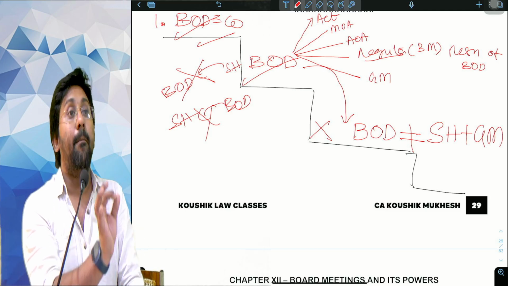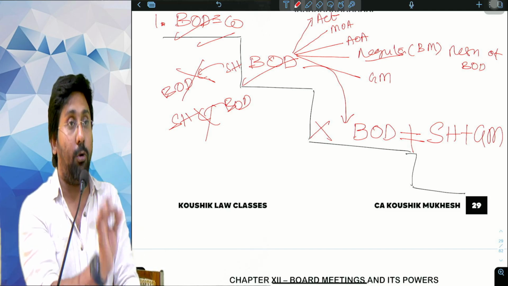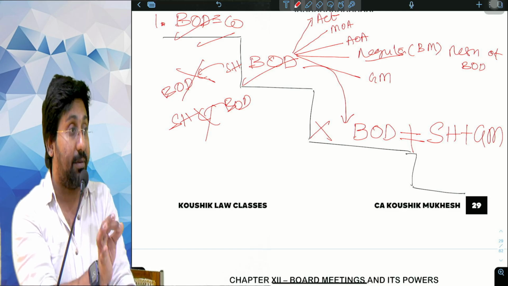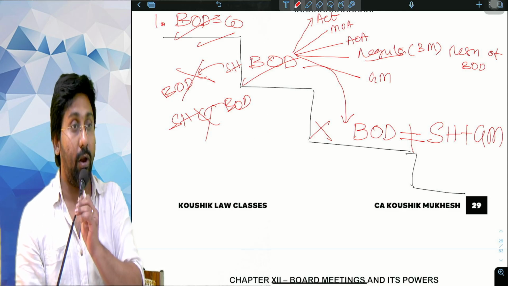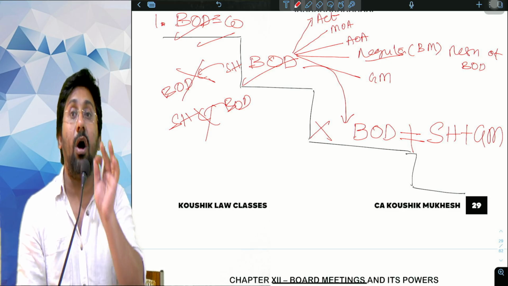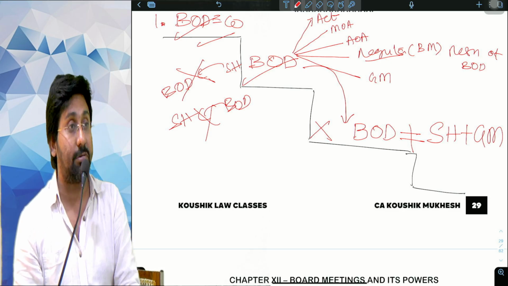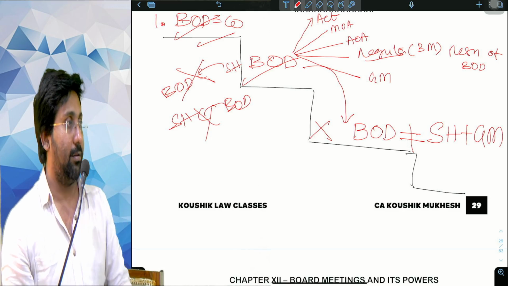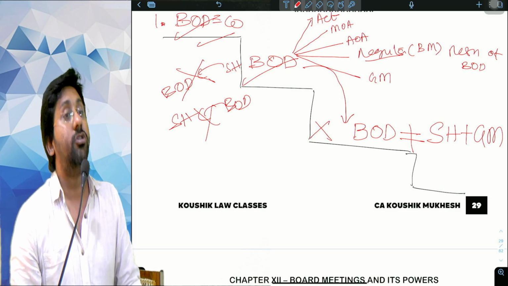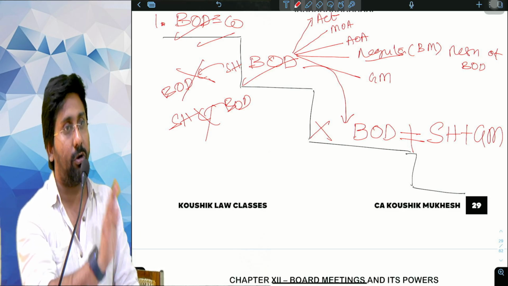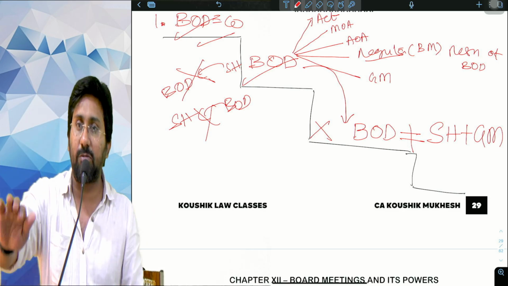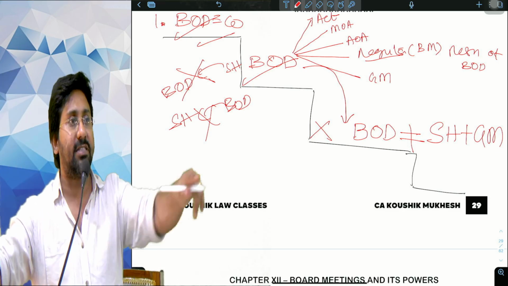Simply put, the powers of the members and the board are non-exchangeable. They are non-exchangeable, non-transferable, non-negotiable. Whose powers? Shareholders and board, both. Shareholders' powers are stated in the Companies Act, board powers are stated in the MOA.